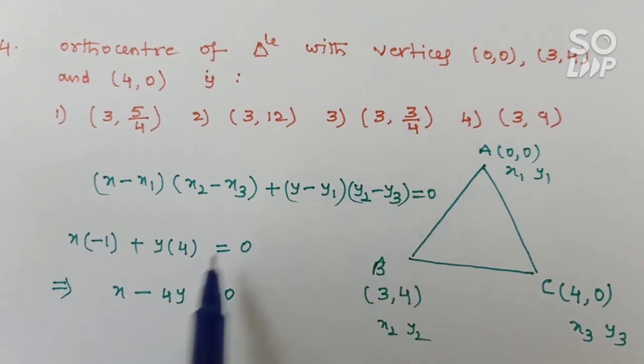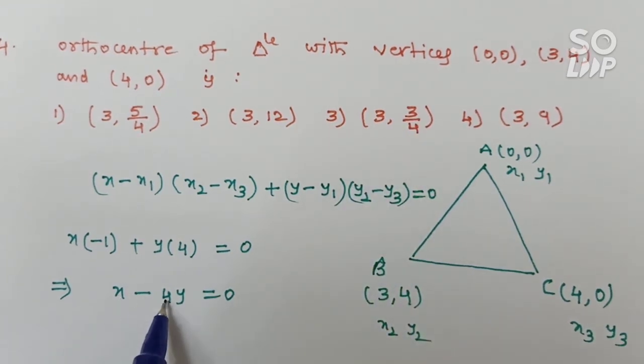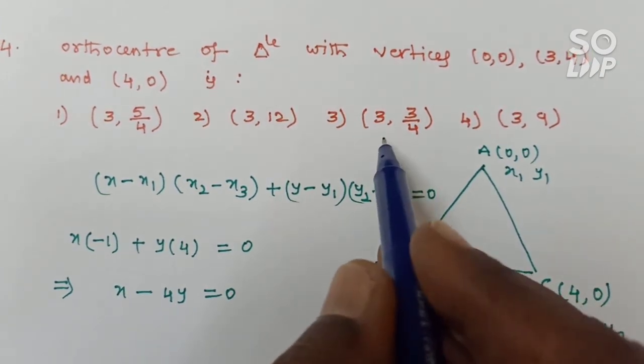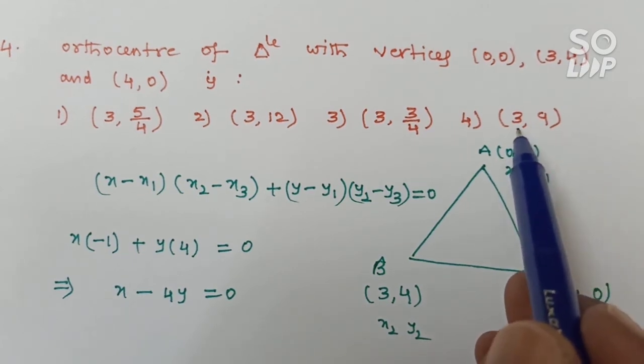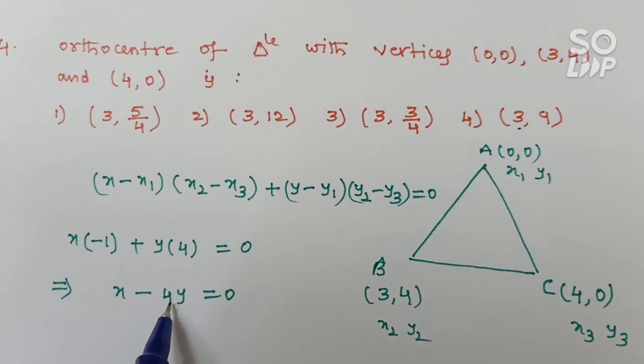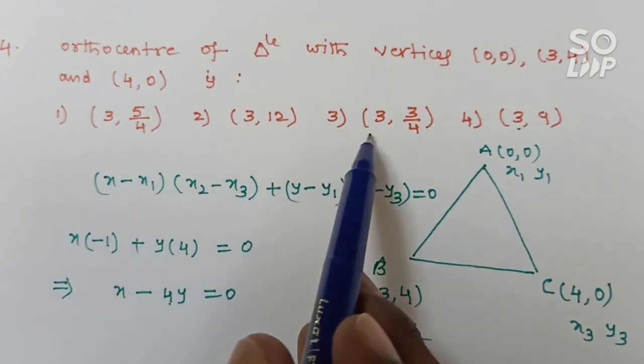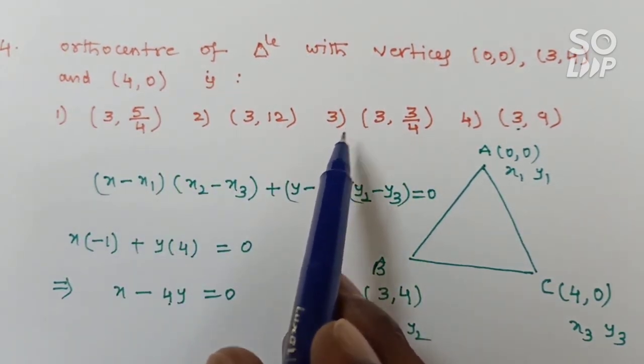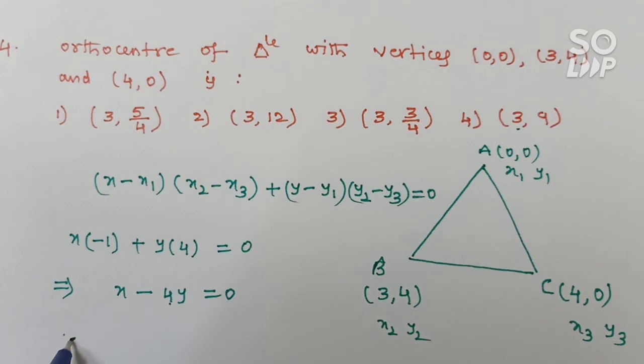Then 3 comma 3 by 4: 3 minus 4 into 3 by 4 is 3, and 3 minus 3 is equal to 0. So this option is satisfying. The third option 3 comma 9: substituting, 3 minus 36 is minus 33, which is not equal to 0. So from the above options, only the third option satisfies.